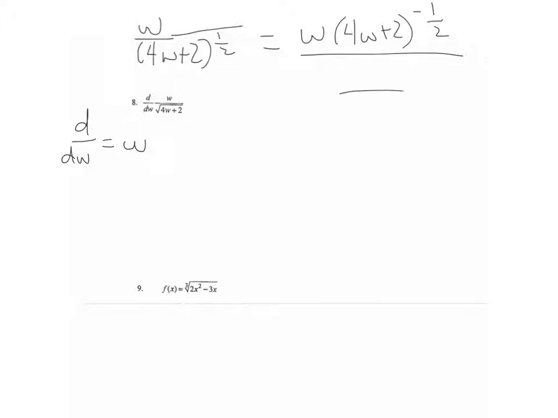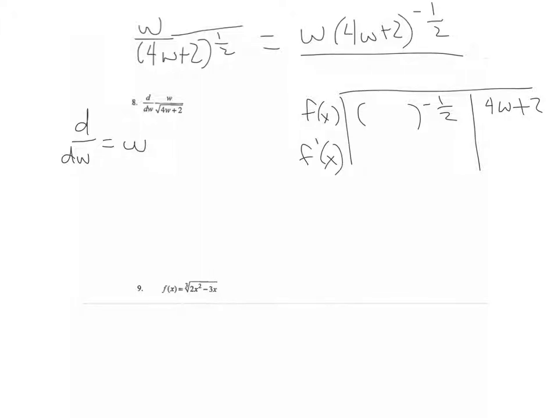So if I come over to the side, and my function consisted of something raised to the negative 1/2 power, and that something was 4w plus 2, I can now take the derivative of each of those parts, and that will give me the derivative of this second term.